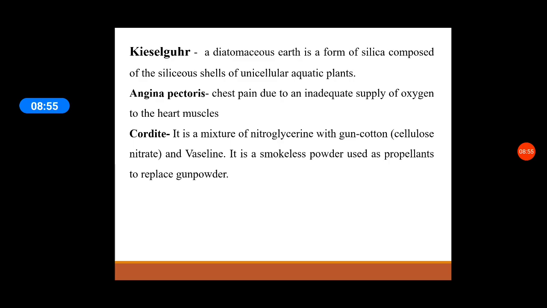When it is treated with nitric acid, cellulose nitrate is obtained, and that is nothing but gun cotton. The mixture of nitroglycerin with gun cotton and Vaseline is called cordite. It is used as a propellant to replace gun cotton. So, nitroglycerin is used as an explosive, as dynamite, and as cordite, and also in the treatment of angina pectoris.